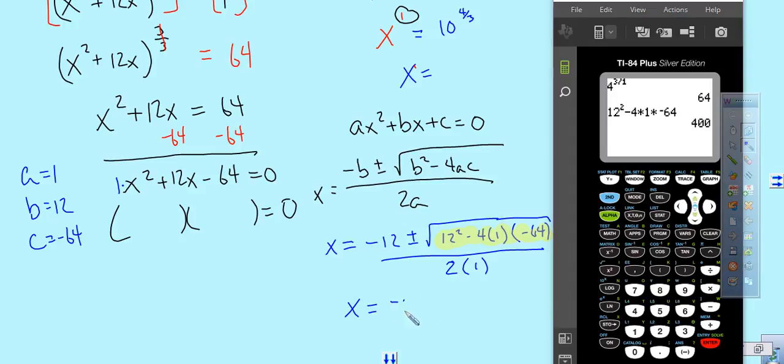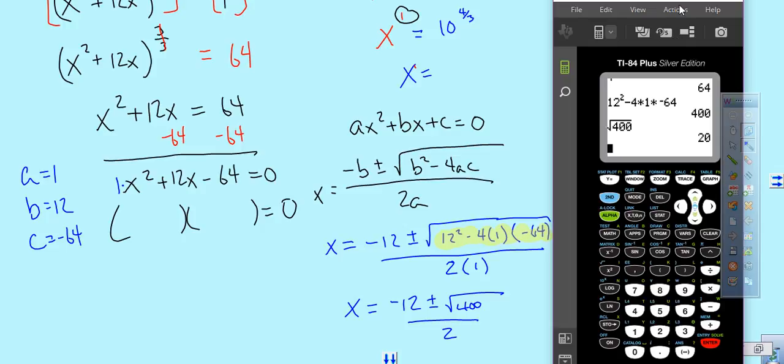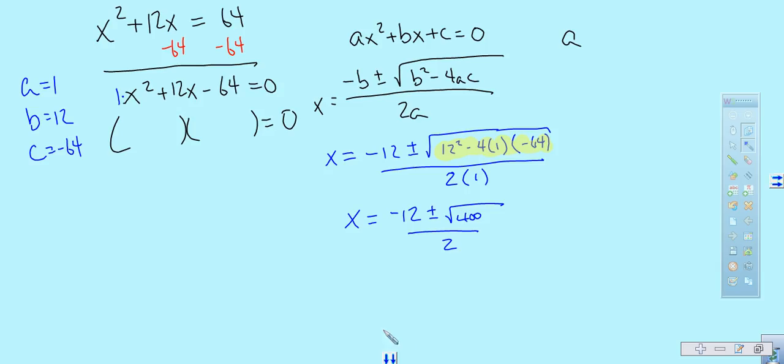Under the radical, we get negative 12 plus or minus the square root of 400, divided by 2. Well, I believe the square root of 400 is actually a perfect square, so I take the square root of 400, and sure enough, I'm left with x is equal to negative 12 plus or minus 20 divided by 2.